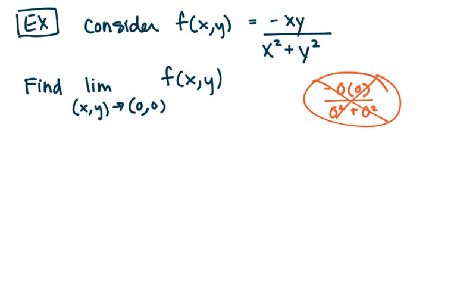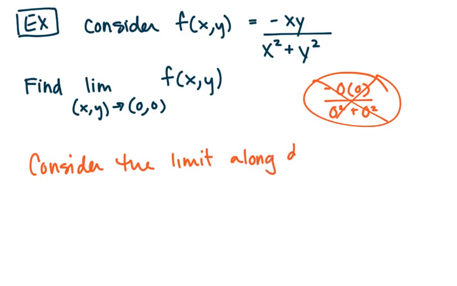So in R3, we need to consider the limit along different paths. So we're going to choose different paths and think about what the limit would be in that direction.